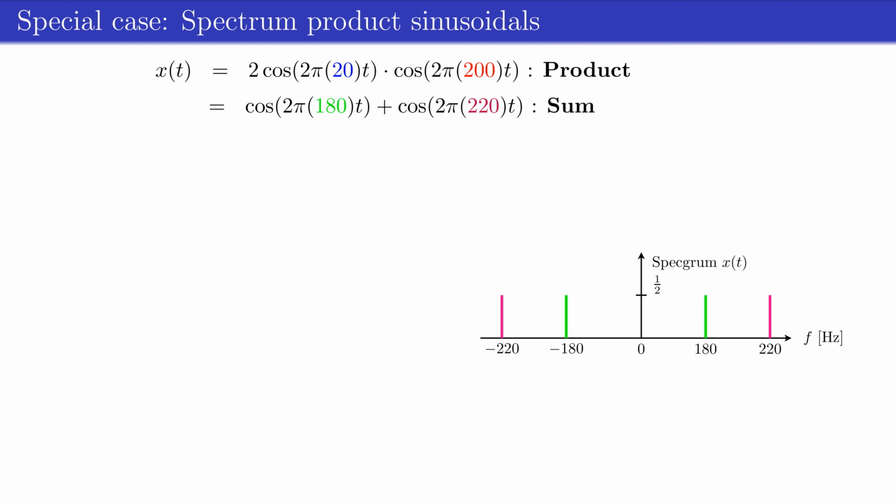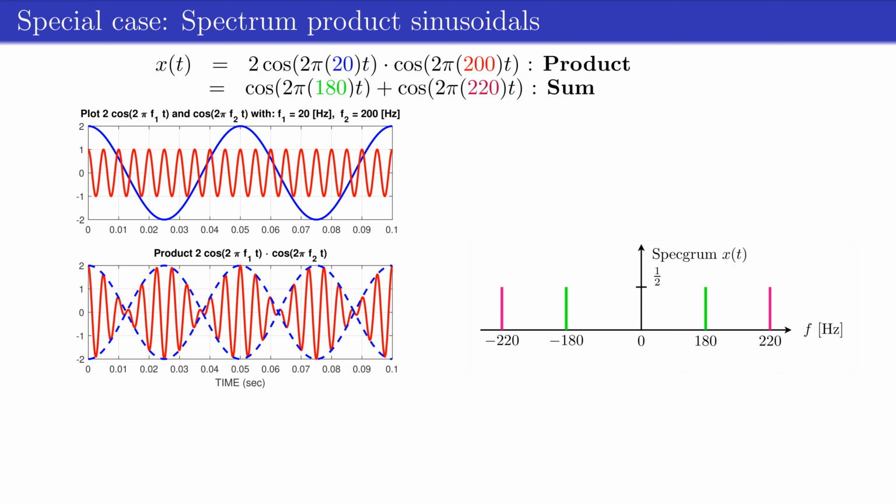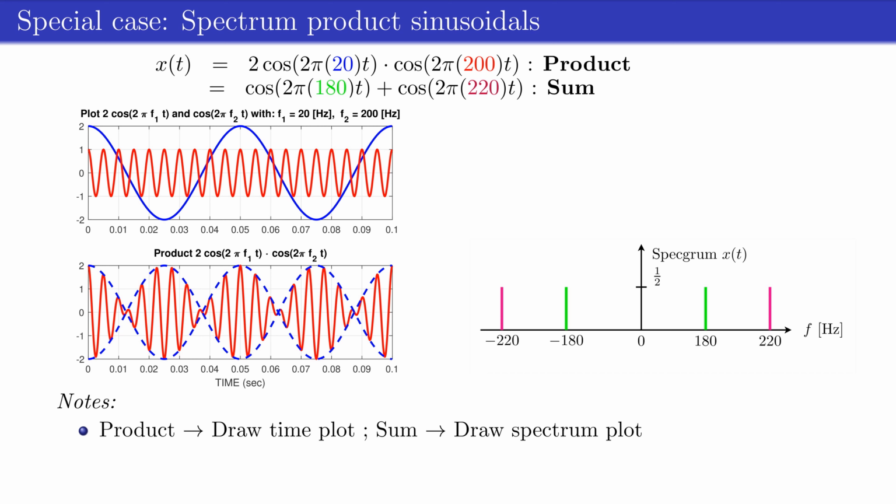The plot of the original signals as a function of time is depicted in the left-hand figure. The upper plot represents the separate signals and the lower plot represents the resulting product. From these plots it follows that the product is most clearly displayed by the plot of the product as a function of time, while the plot of the spectral content is most clearly to display the sum.